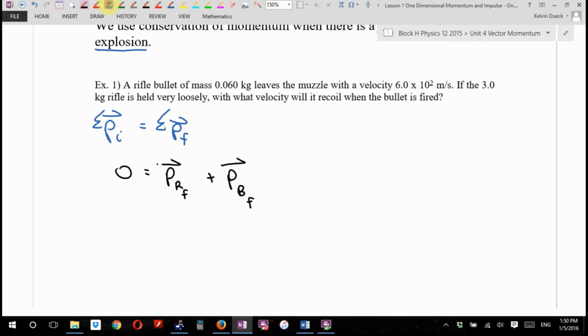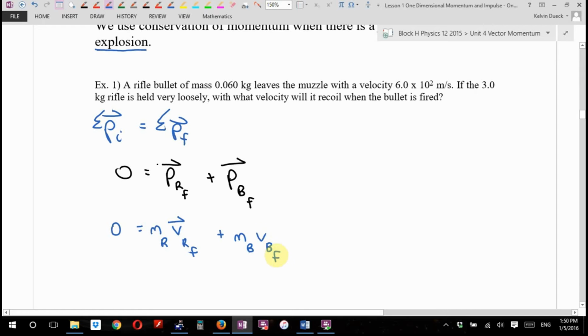So we can break this down further. Momentum is what times what? Mass times velocity. So the momentum of the rifle is going to be mass of the rifle, final velocity of the rifle, plus the momentum of the bullet, which is mass of the bullet, final velocity of the bullet. What's this question asking me to find?